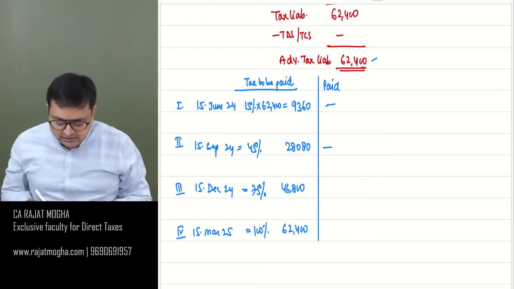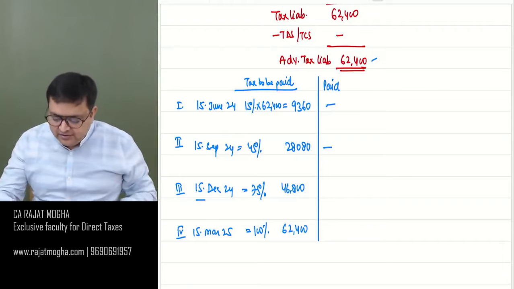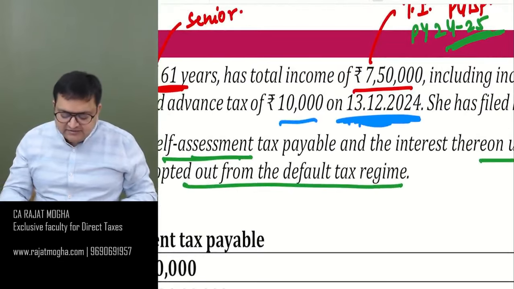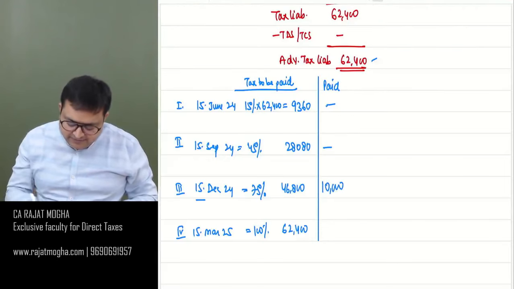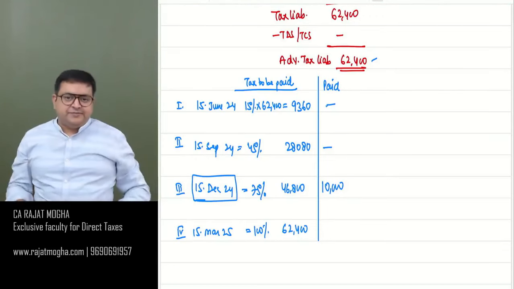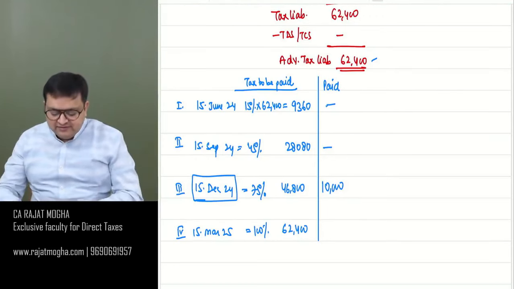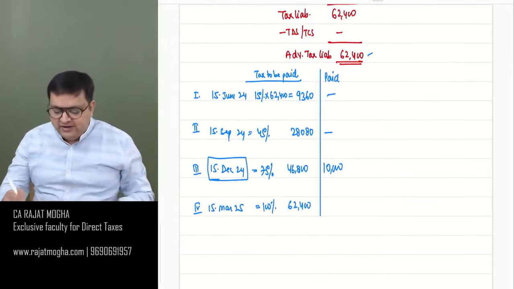Now, assessing officer will see how much is deposited up till 15th December. So up till 15th December, on 13th December, we have deposited 10,000. So up till this date, 10,000 was there. Are you all okay with this? And after that, there is no TDS.